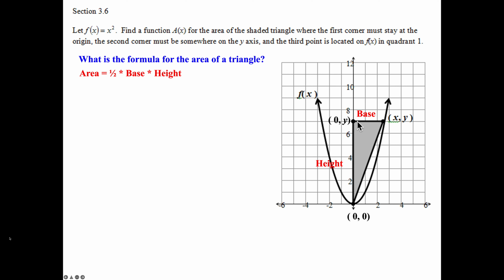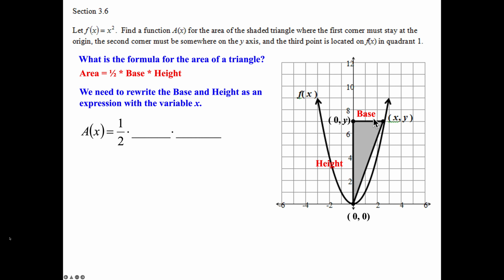So right now it appears to me that my base is going to be the variable x, and my height is going to be the variable y. But wait, y is the same as f of x, so we can tell our y to be x squared.